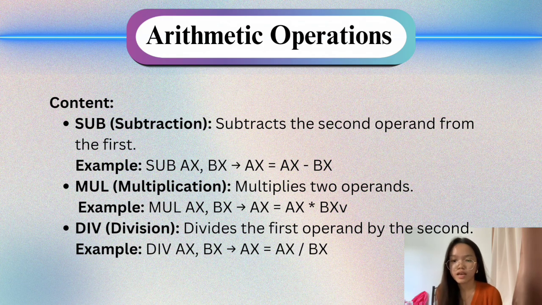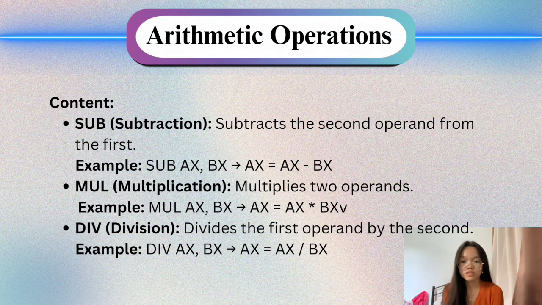Besides add, the ALU performs other arithmetic operations including subtraction. It subtracts the second operand from the first. For example, SUB AX, BX means AX is equal to AX minus BX. In multiplication, it multiplies two operands. For example, MUL AX, BX means AX is equal to AX times BX.